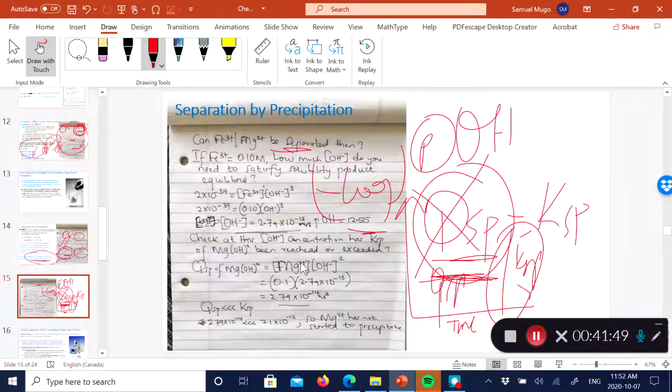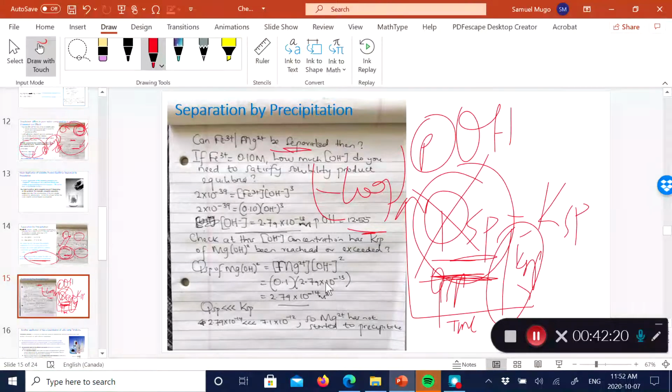We know the solution has 0.1 molar concentration, and at the point when we've just finished precipitating the iron hydroxide, we have about 2.79 times 10 to the power minus 3 of hydroxide present. So we put it into that expression here, and then we can determine the QSP of magnesium hydroxide at this point, which is equal to that.